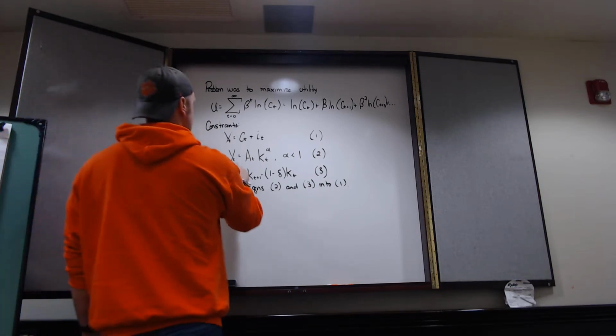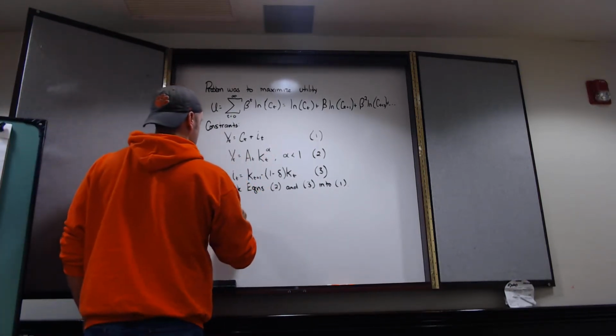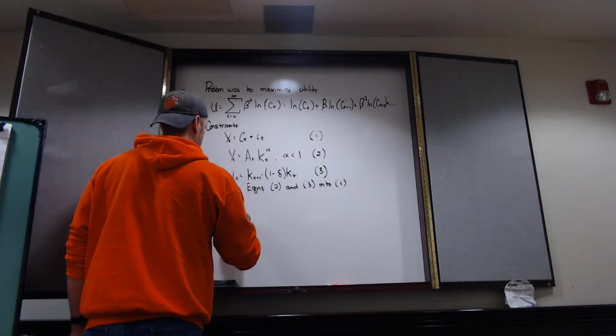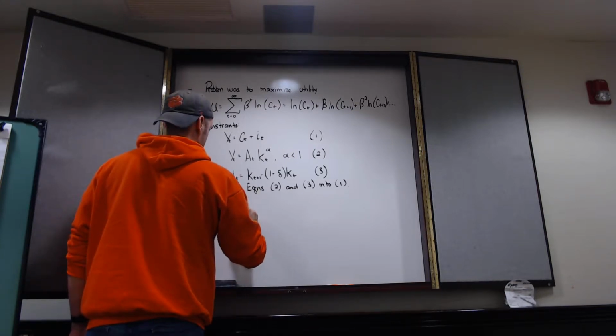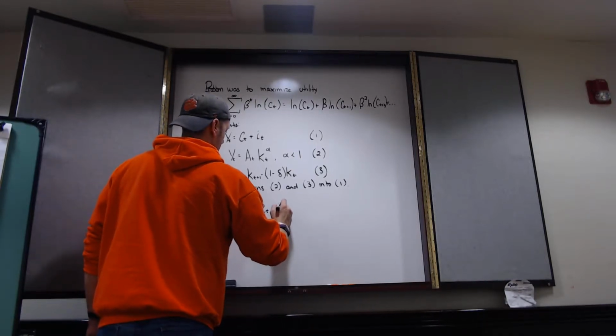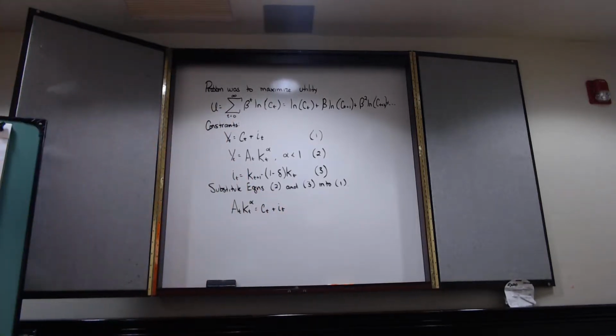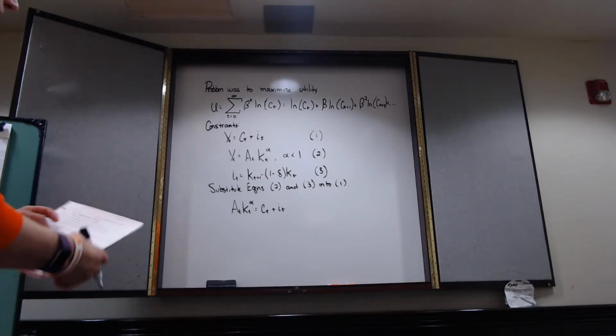So if Y is equal to A times K_t to the alpha, I just substitute that in for Y. So all I've done so far is substitute equation 2 into equation 1. I haven't done anything with equation 3 yet.